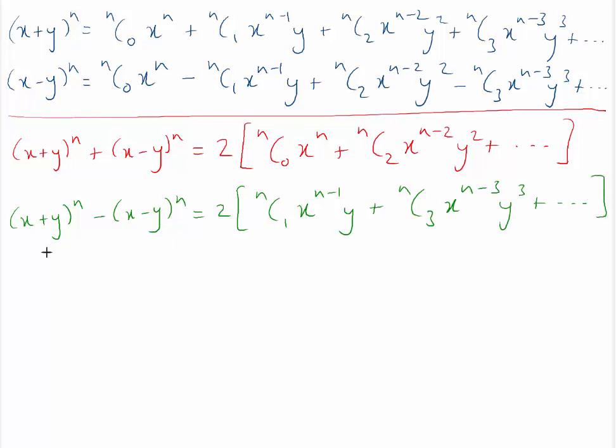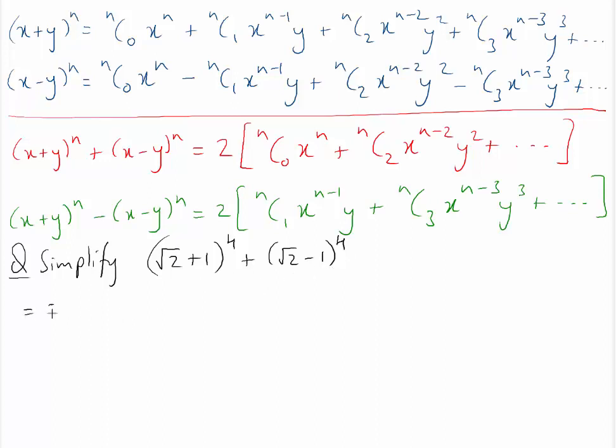So let's do a question on this. Simplify (√2+1)^4 + (√2−1)^4. So let's say we need to find the value of this.